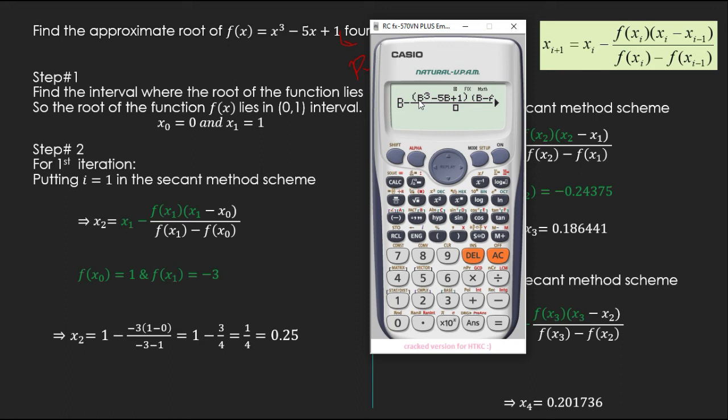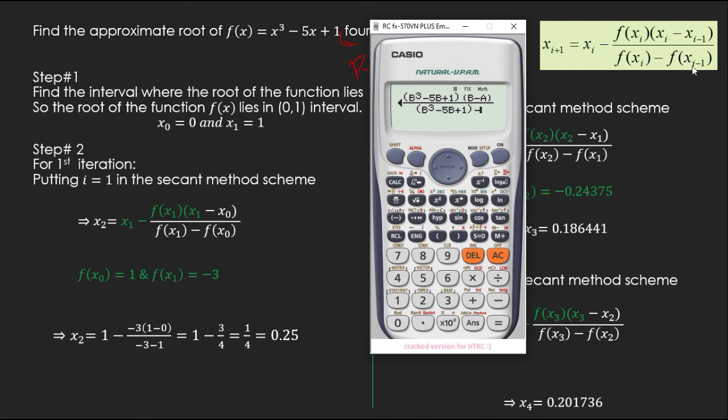I will rewrite this function as alpha b cube minus 5 times alpha b plus 1, minus f of xi minus 1.